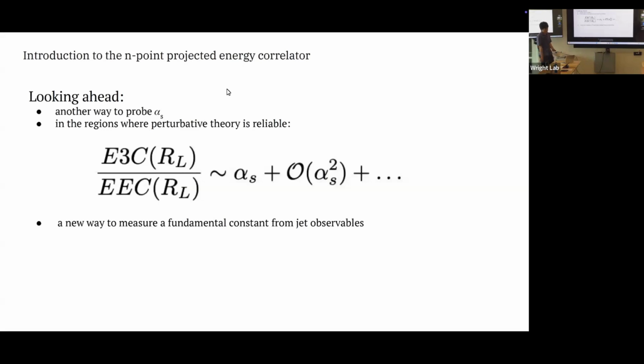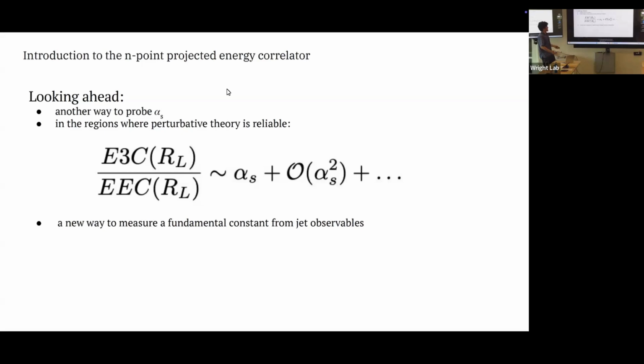There are a couple of reasons why we care about these energy correlators, which are on the next slides, because they have a lot of nice properties. One of the cool applications is that we can use it to probe the strong coupling constant, which is this fundamental, it's not really a constant.